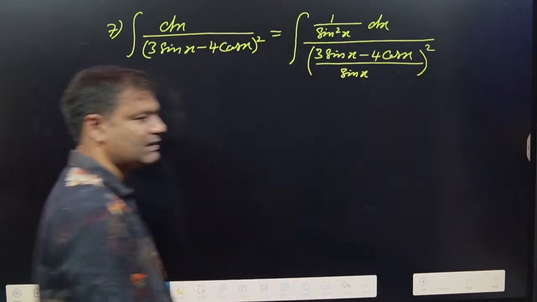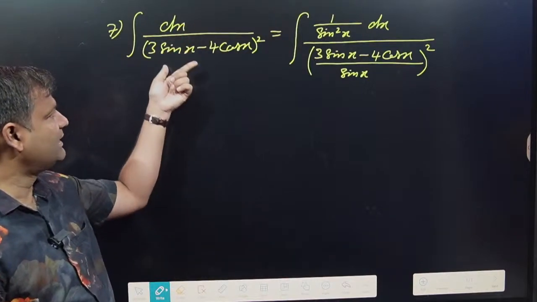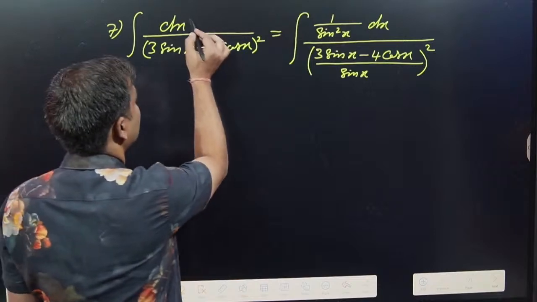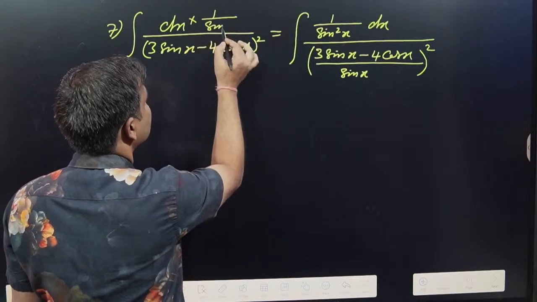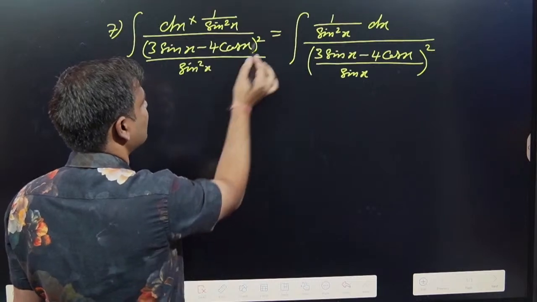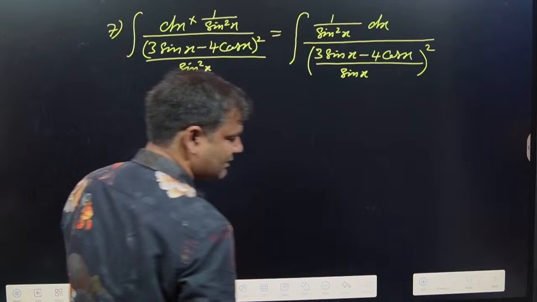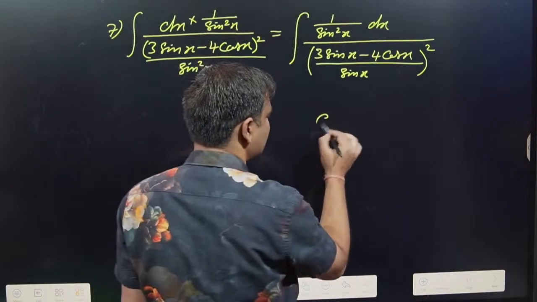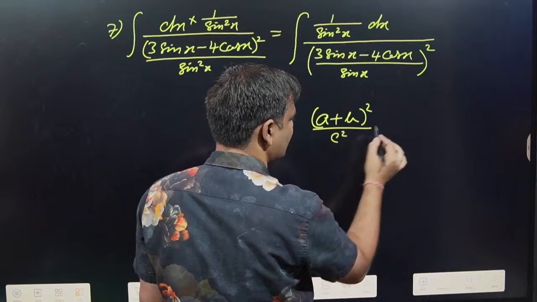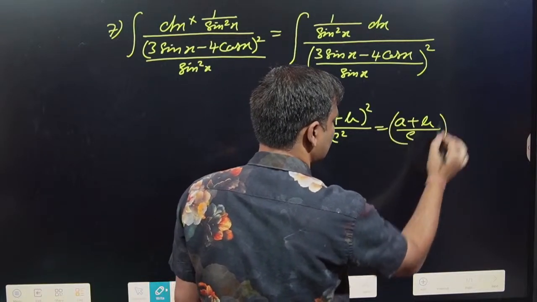Is it clear? Okay, simply if we divide numerator and denominator, the numerator becomes 1 by sin square x. And in the denominator, both powers are the same, so you can say that (3 sin x minus 4 cos x) upon sin x, all squared. That uses the concept (a plus b) to the whole square divided by c to the whole square, where both powers are the same, so it is written like that.